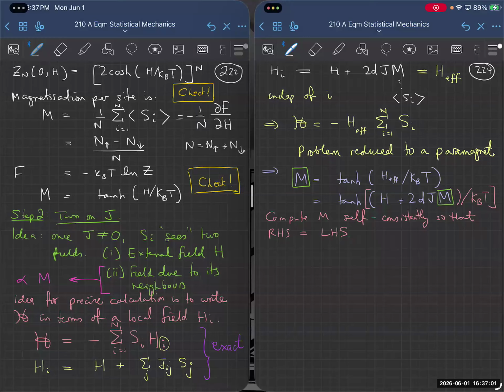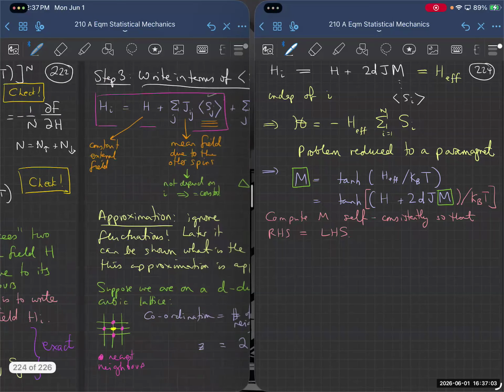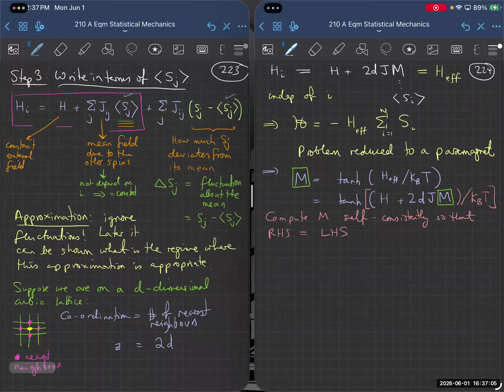Okay, so now what we're actually interested in is the case. So that's step 3. Step 4 is we want to look at the case when the external field is equal to 0. So what we're trying to understand is, if there's no external magnetic field, whether the spin system will spontaneously become magnetic.